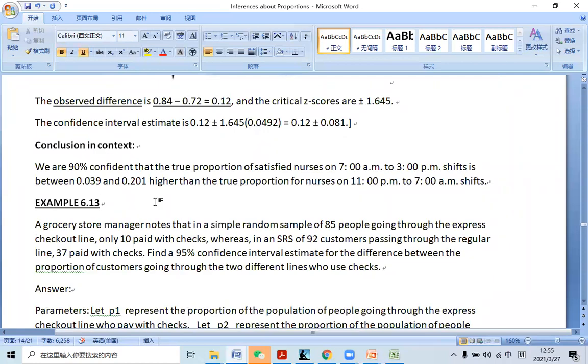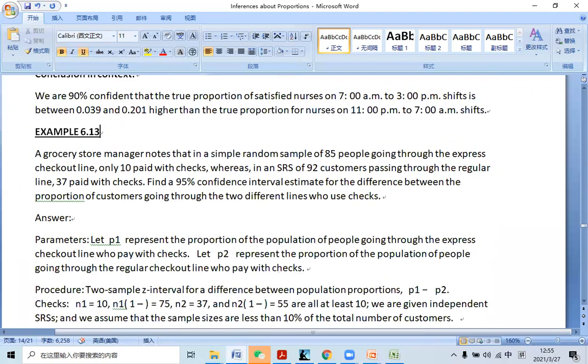Look at this one. A grocery store manager notes that in a simple random sample, you always get a simple random sample, sample size 85 people, n equals 85. These people are going through the express checkout.